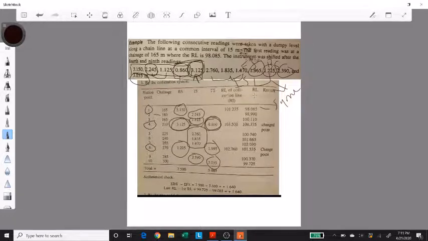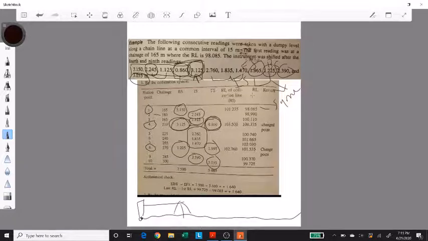So let's say if I draw these points here, this is the first point, and this is where I set up my instrument, and the first reading was taken at a benchmark with reduced level known. And when you note down this reading on the same point, that becomes your height of the instrument.